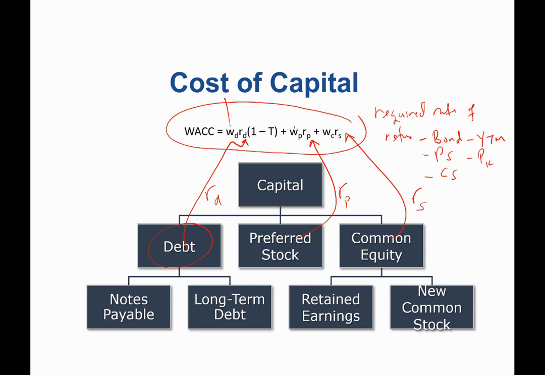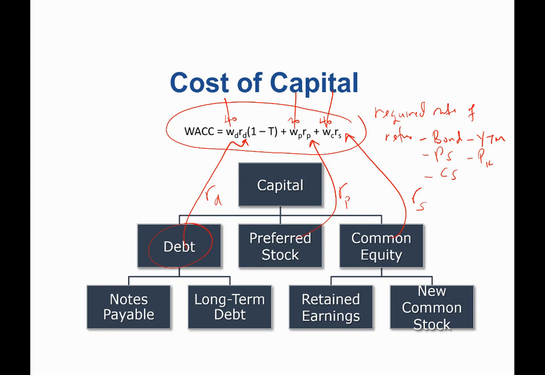W_P will be the weight, the proportion of financing from preferred stock, and W_C will be the proportion of common stock used in the operation. For example, the company may be using 40% debt, 20% preferred stock, and 40% common stock.